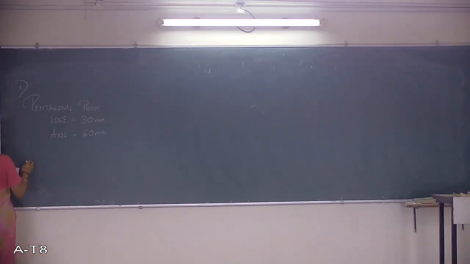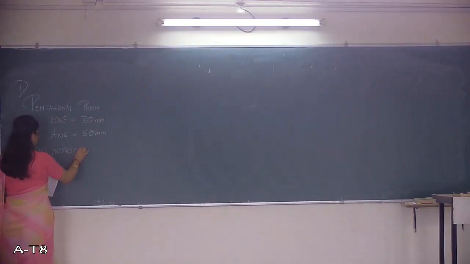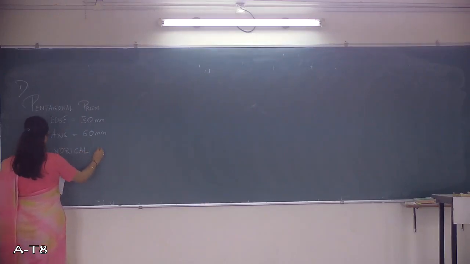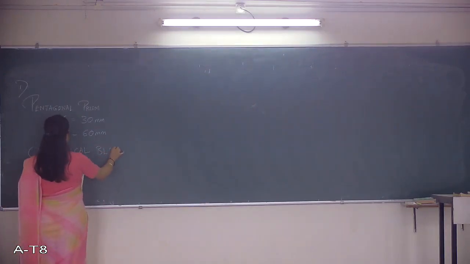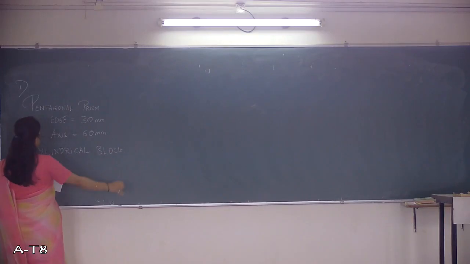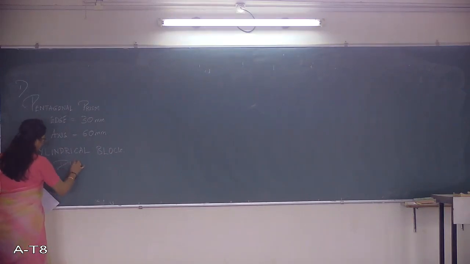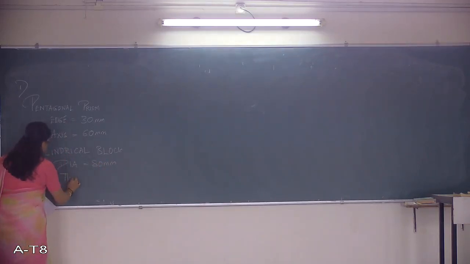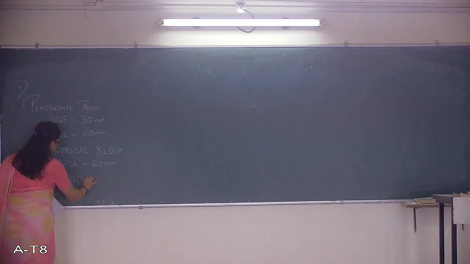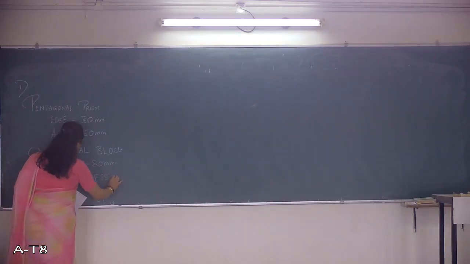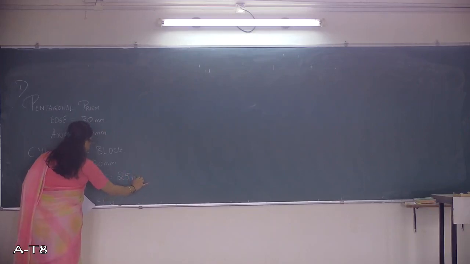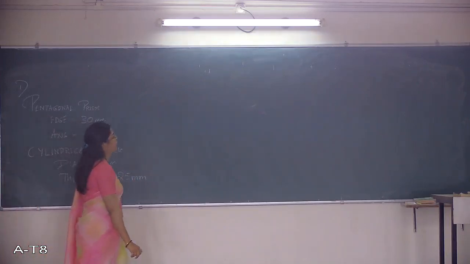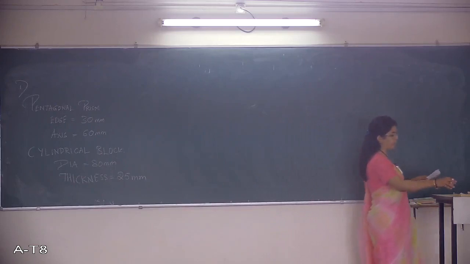This is mounted centrally on a cylindrical block, a cylinder having a diameter of 80 mm, and the thickness of this cylinder is 25 mm. So this is the given problem statement.